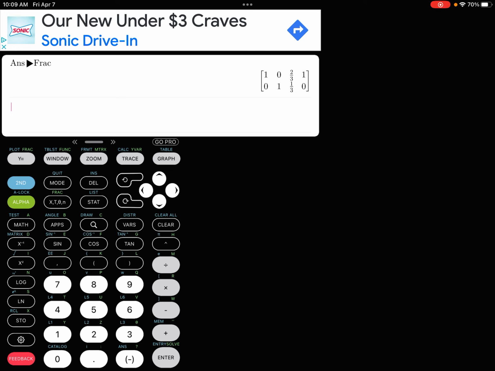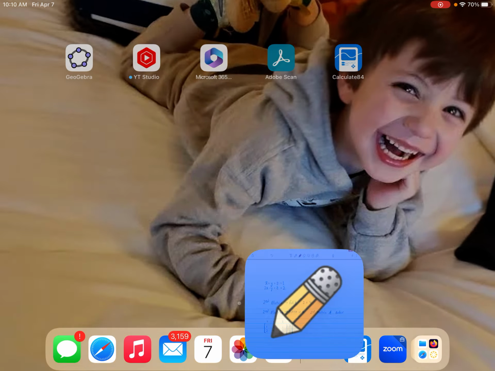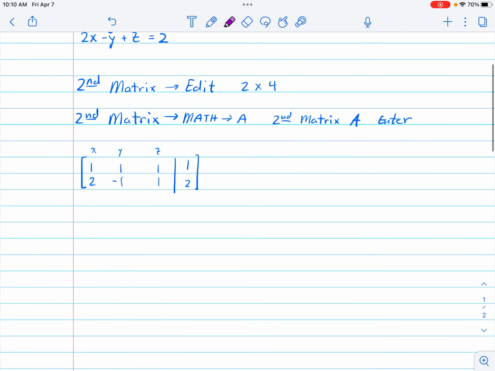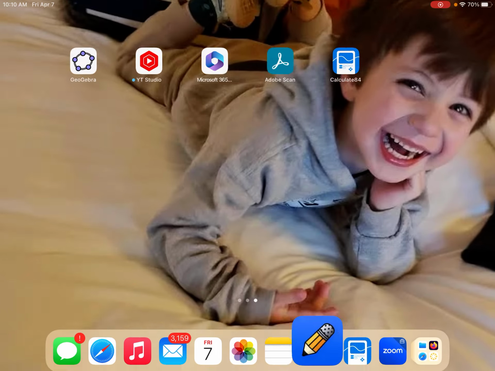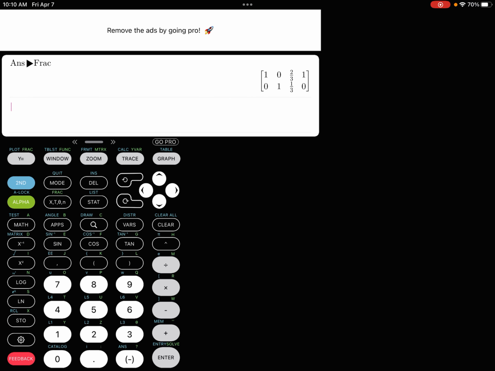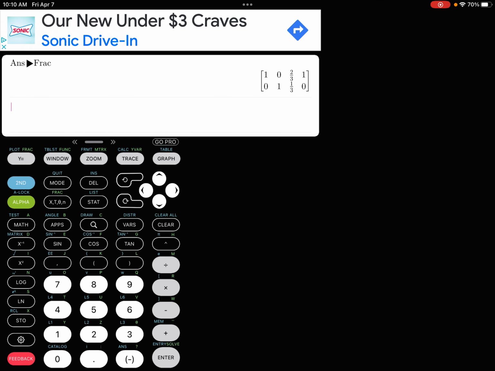So now let's see what this looks like. When we did the rref, here's what we got. We got the 1, 0, 2/3, 1, like that. And down here we got the 0, 1, 1/3, 0. Let me make sure that's the case. Yeah, 2/3, 1/3, okay.